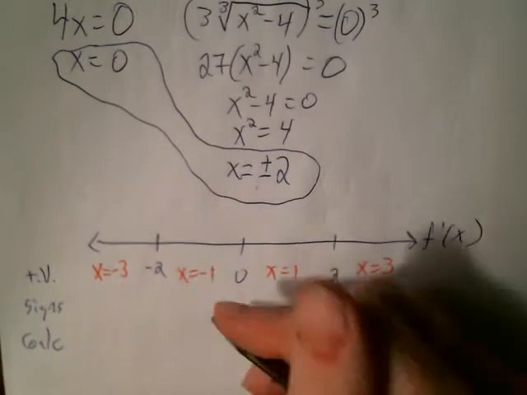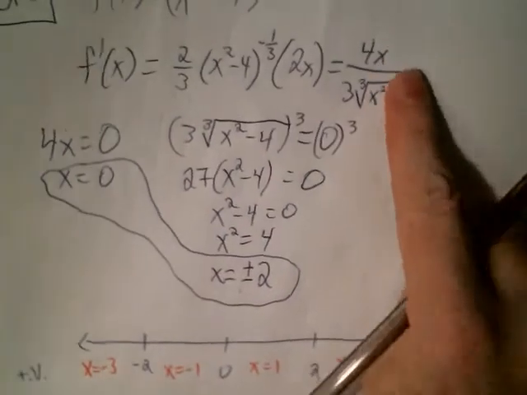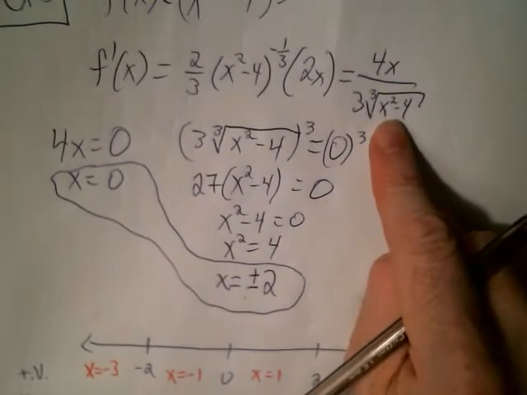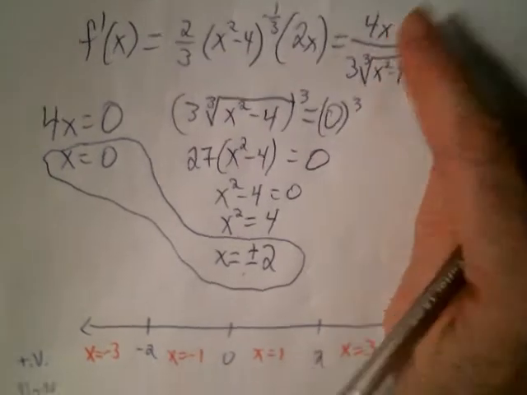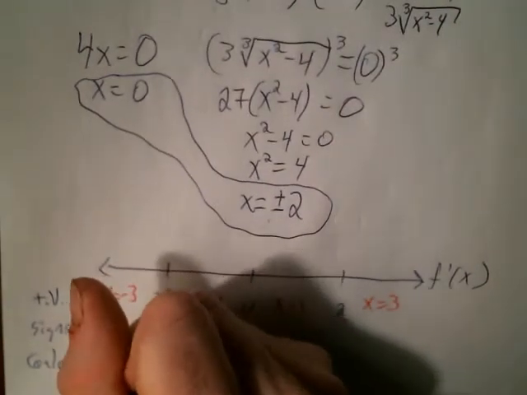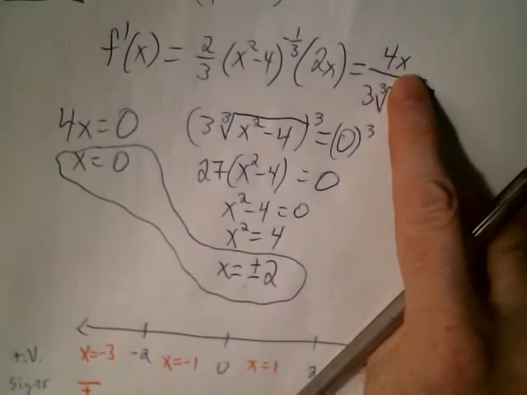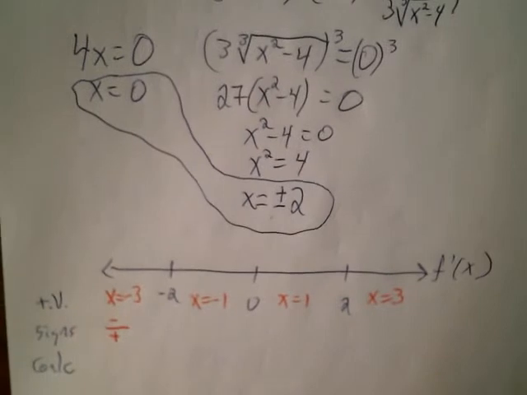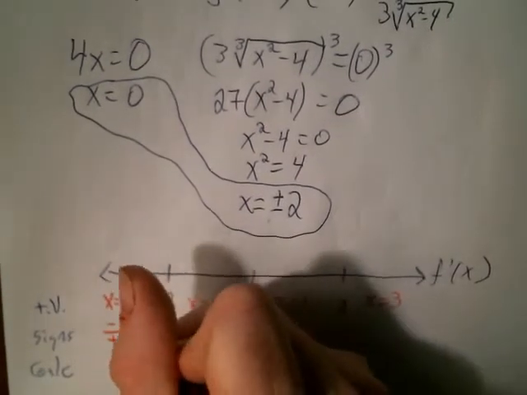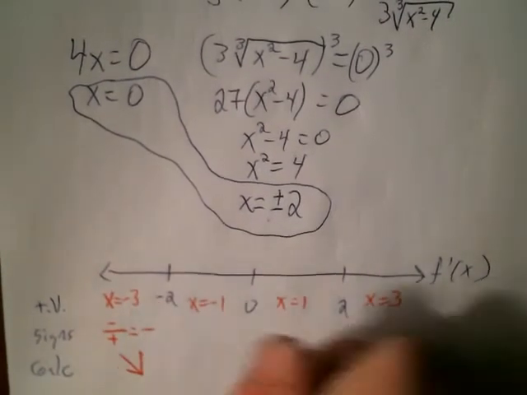So the sign for the first guy in the denominator is positive. In the numerator, it's 4 times -3, which is negative. So I have a negative over a positive, which is negative. In other words, this thing's going down.